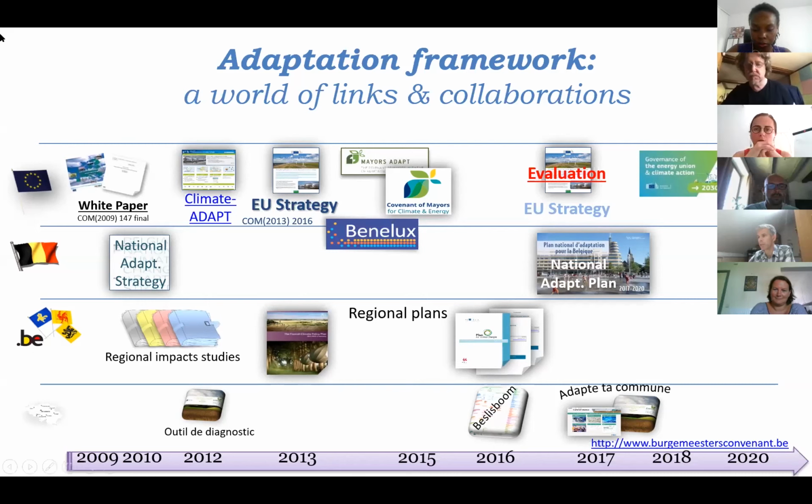So we talk about the regional impact assessments and regional adaptation plan. There is also a national adaptation plan in Belgium, collaboration within the Benelux, and of course the different European initiatives. And all these things are interrelated.